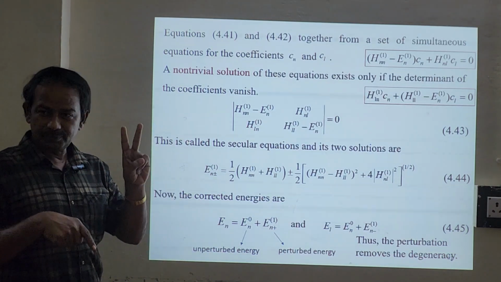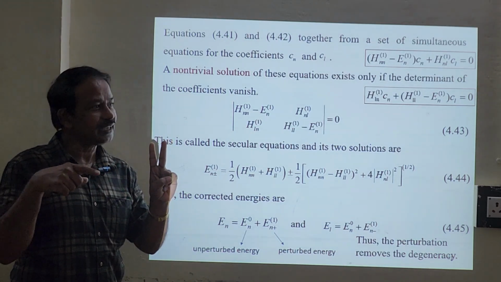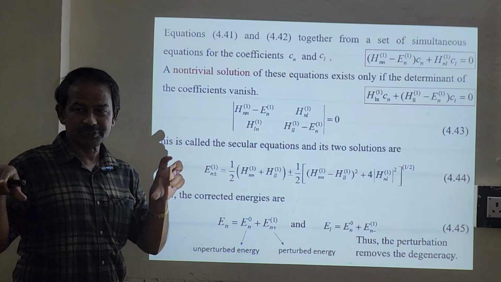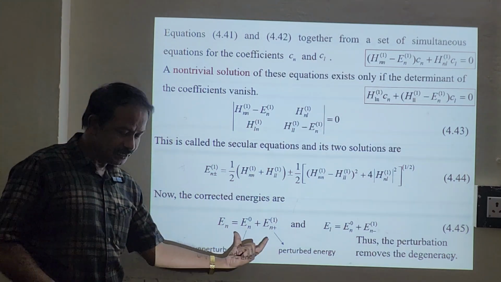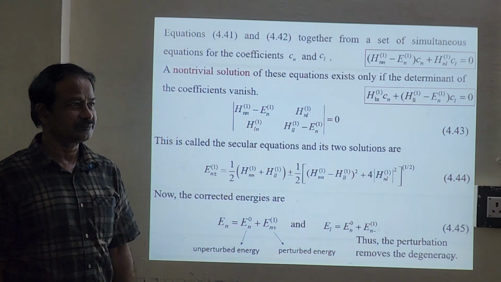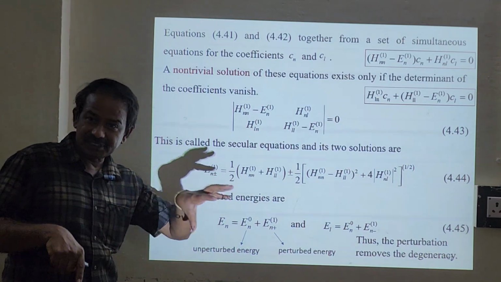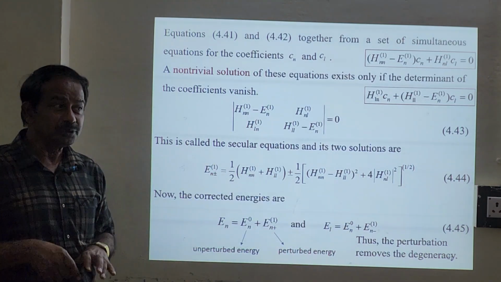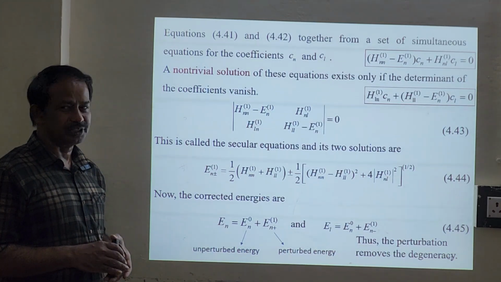Now we have obtained En, which is this expression, and for El another expression. So for each wave function there will be a separate energy. The perturbation removes the degeneracy, and perturbation will always remove the degeneracy.